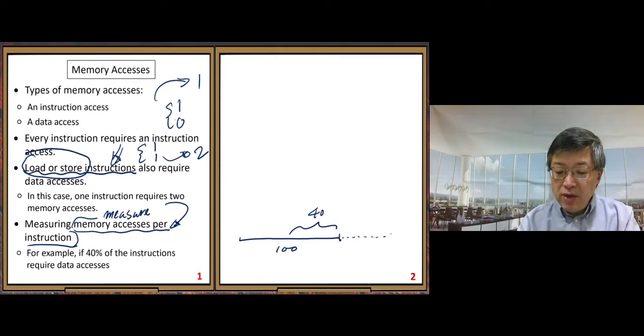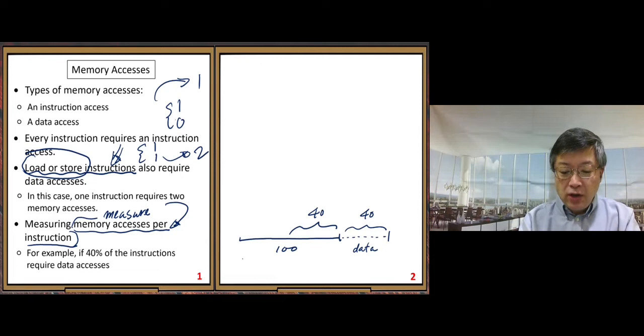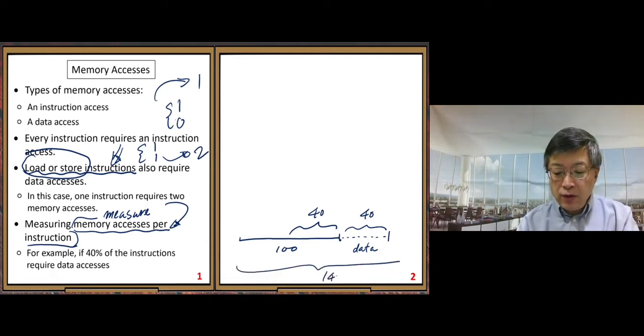So other than these 100 instruction accesses, we need another 40 data accesses. In total, you can see there are 140 memory accesses.